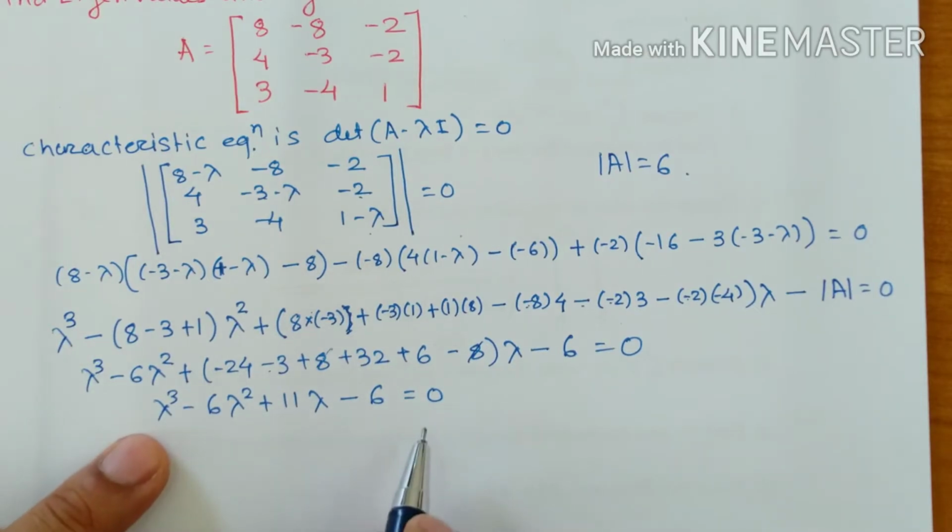To calculate the roots of this equation, you must know the different methods for factorizing a polynomial. Okay, so there is synthetic division, direct division, so many methods are there. So we follow the synthetic division here. To get the synthetic division, we have two rules mainly.